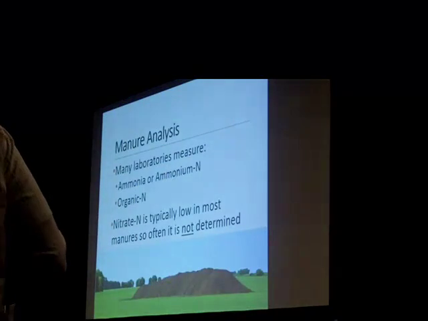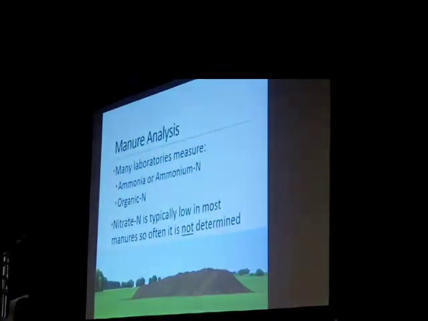All right, so manure analysis. I think most laboratories nowadays estimate both ammonia or ammonium nitrogen and organic nitrogen. Most manures, unless you do composting, poultry litters, most of the time nitrate is inconsequential or absent from the manure.